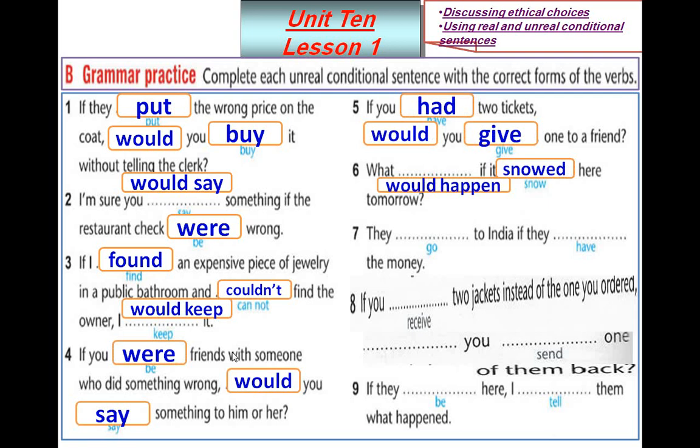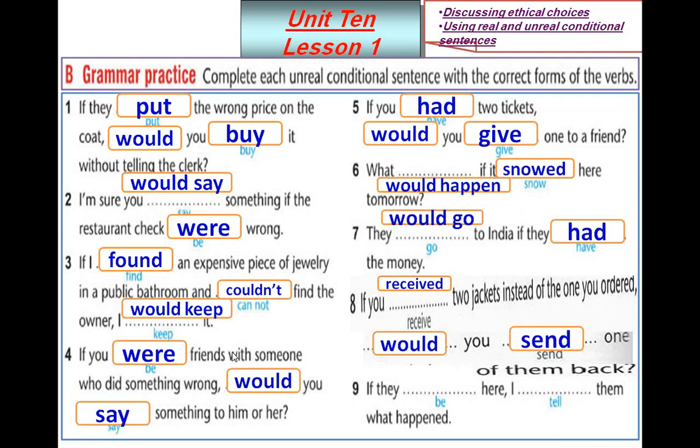Number 7, they would go to India if they had the money. 8, if you received 2 jackets instead of the 1 you ordered, would you send one of them back?